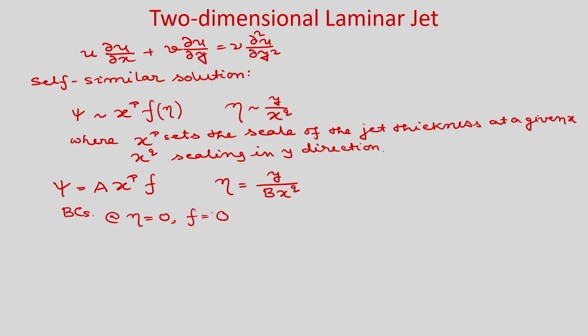So, for convenience we are taking this, and f double prime will be also 0 at eta is equal to 0. At eta tends to infinity, velocity will be 0. So, f prime will be 0. Okay. So, f double prime 0, that means the velocity gradient del u by del y will be 0, because we are having maximum velocity at the center line.